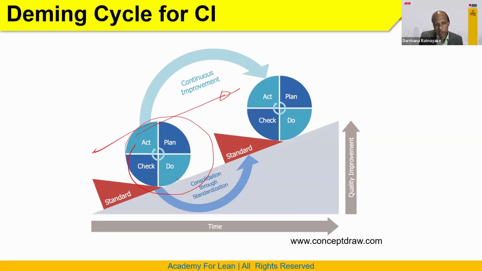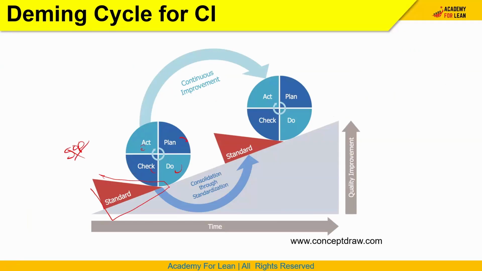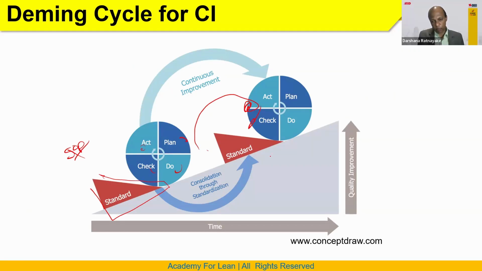To stop this coming back, we need standardization. So that means we plan, do, check, act, and we standardize, write an SOP or something, and keep it there. Then we do another PDCA, take our process up and do the same thing.